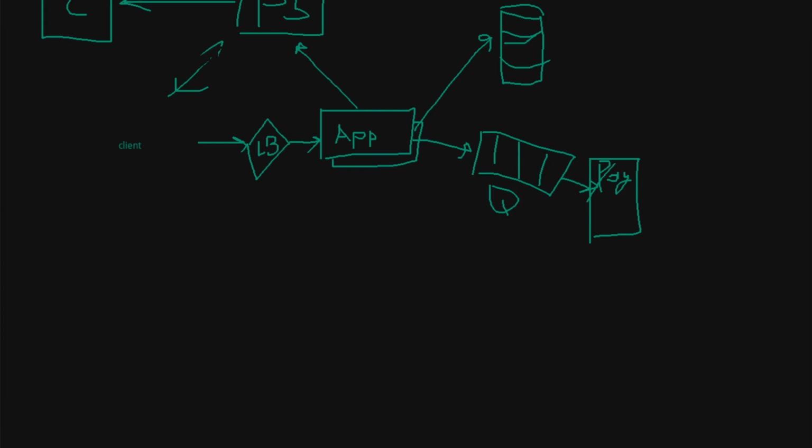I would like to delete this, it's so small, and make it more like this. So it pushes it here to the payment service. Here we have some kind of third-party provider, and that's it. So I think it would be more stable.